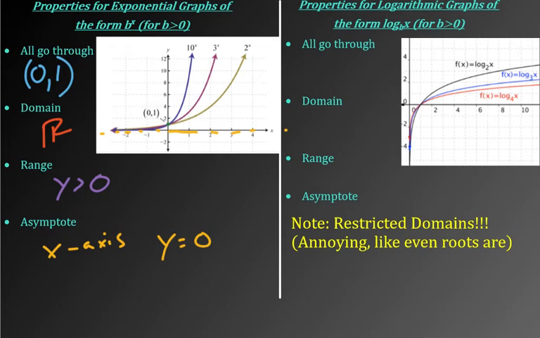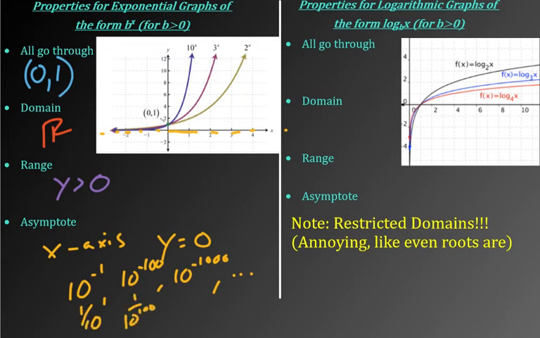The reason you get close is if you do things like, so 10 to the negative 1, and then let's say we do 10 to the negative 100, and then 10 to the negative 1,000. I think this will help get the idea home. This is 1 over 10. This is 1 over 10 to the 100. This is 1 over 10 to the 1,000, right?